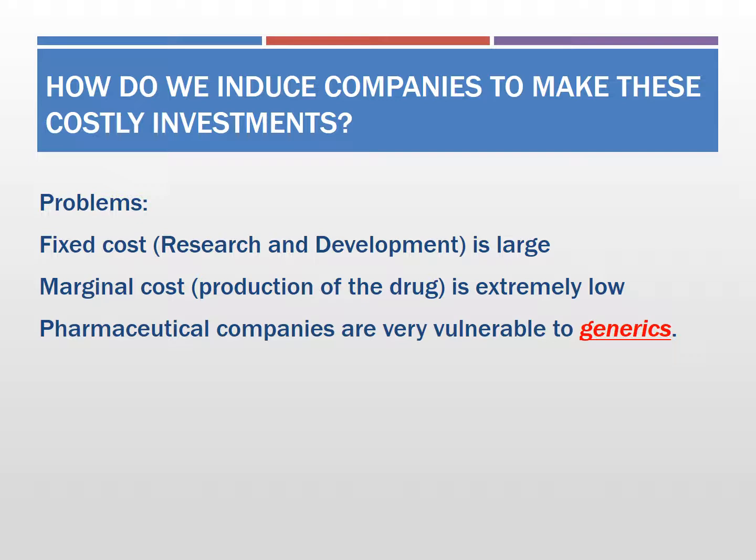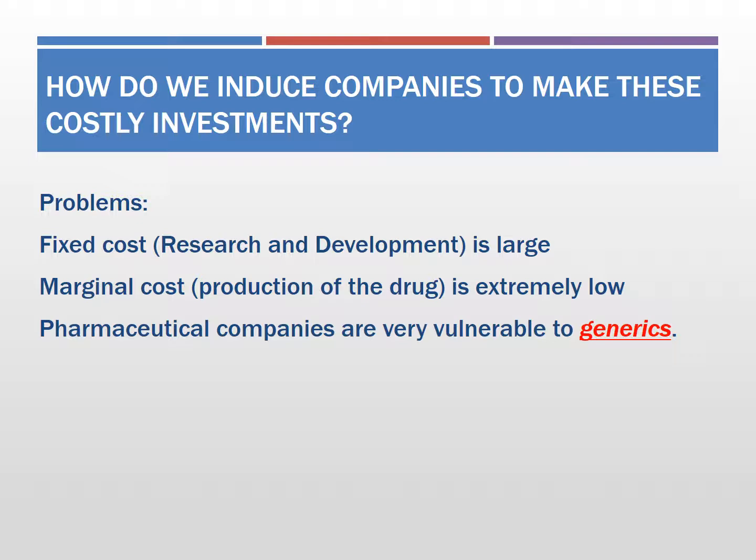However, the marginal costs for producing the drugs are relatively low. That means for the pharmaceutical company to produce one more pill is very small, tiny. Usually it's just a few cents for the chemical compounds to make one new pill, not coming up with the new pill.